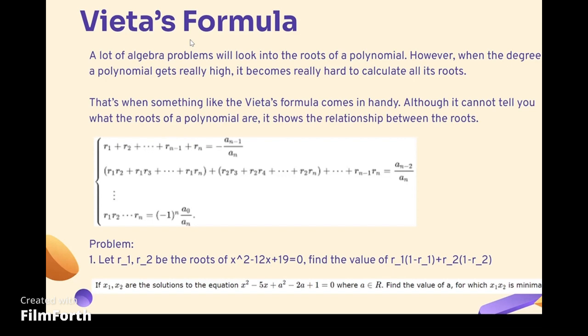It doesn't necessarily tell us what certain roots are, but it can tell us what the sum of the roots is, or if we multiply every two roots together pairwise and then add them together, what value do we get. That's why it becomes really useful. So then let's look at the formula below. It can be quite confusing if we just look at that, but we can think about it a little more clearly.